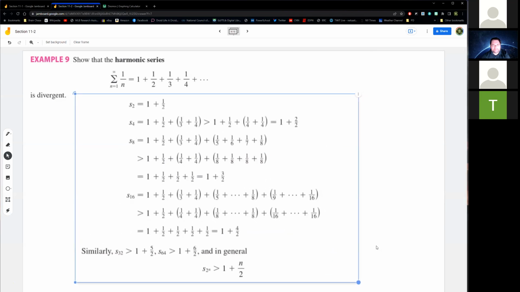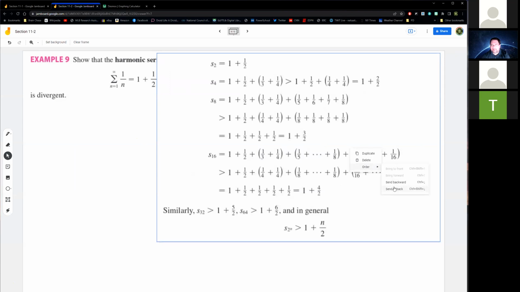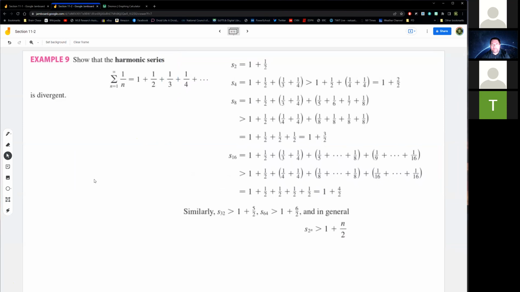All right, so again, we're going to look at it in terms of partial series. We're not going to do every one on purpose. So they looked at the first one as S2. So they're just looking at the first 2 terms. So you get 1 plus a half.